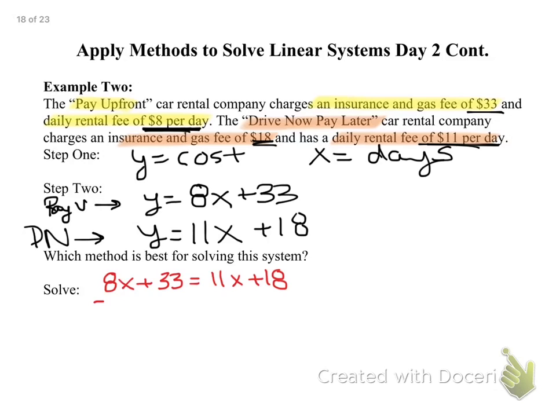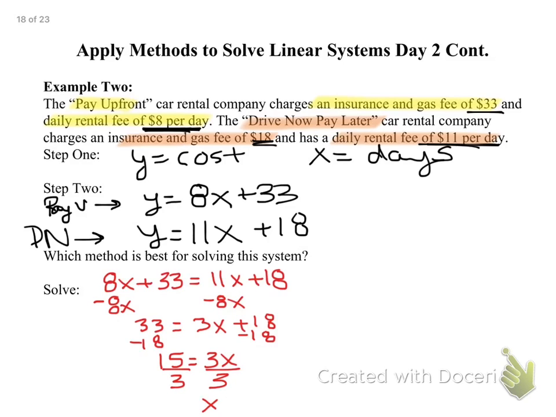So let's subtract 8x on both sides. We've got 33 equals 11x minus 8x, which gives me 3x, plus 18. We want to move over that 18 by subtracting. 33 minus 18 gives me 15 equals 3x. Divide by 3 on both sides, so x equals 5 days.